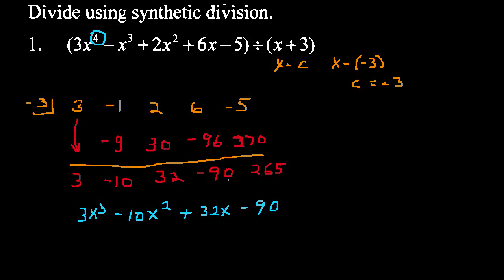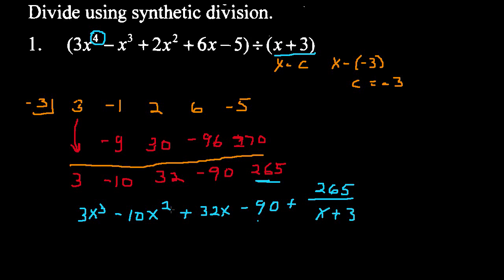Okay, the number that's in the last position is your remainder. So do you have a remainder of anything besides 0? Yes, I have 265 for my remainder. So it's a positive 265, so write a plus, and then make a fraction. I'm making a fraction bar, and put that 265 in the numerator, and in the denominator put what the original divisor was, that was the x plus 3.